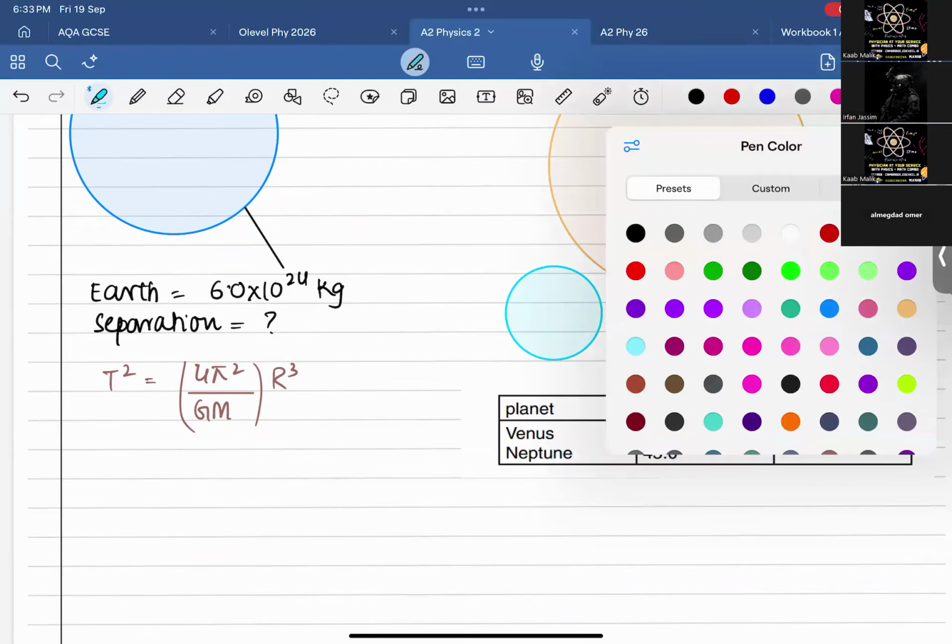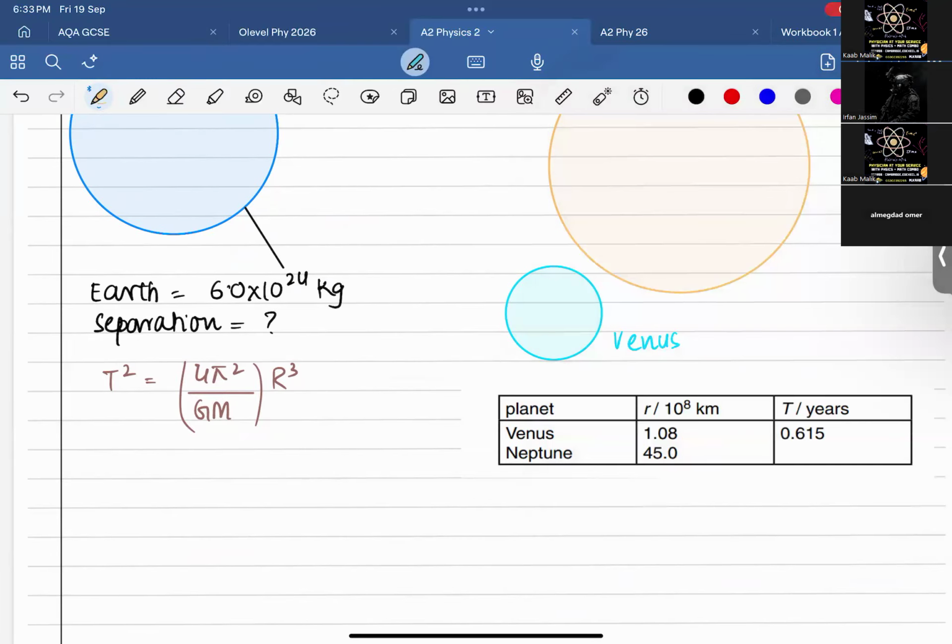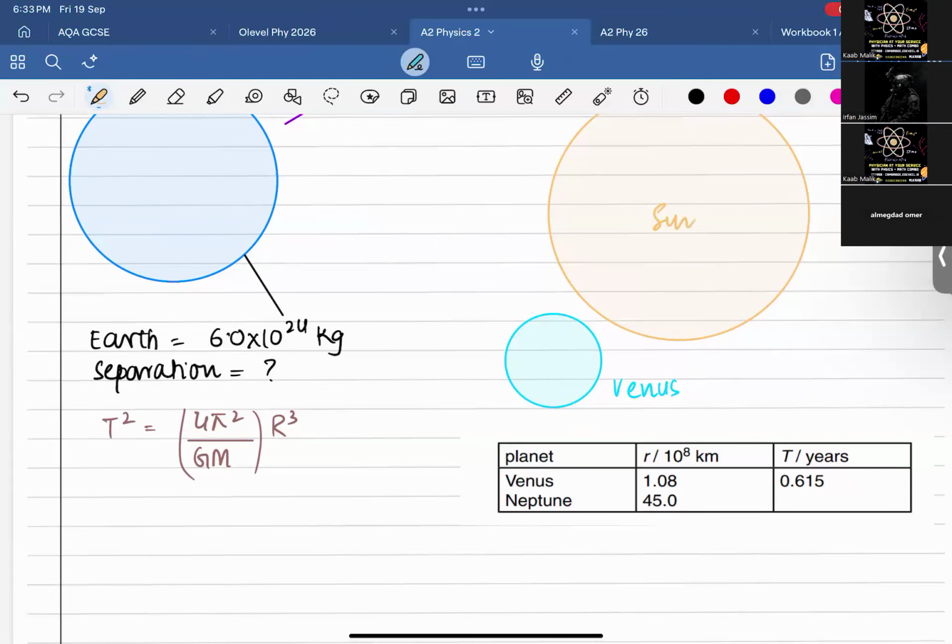So this is the sun. Okay. Now, what are we supposed to find?